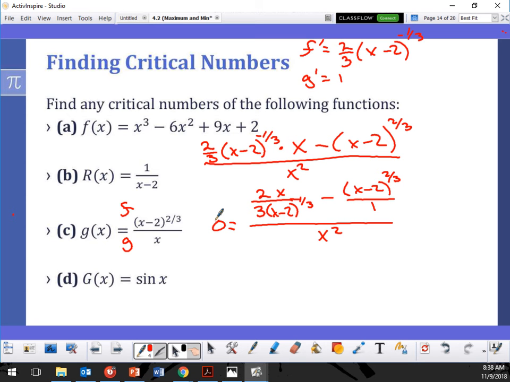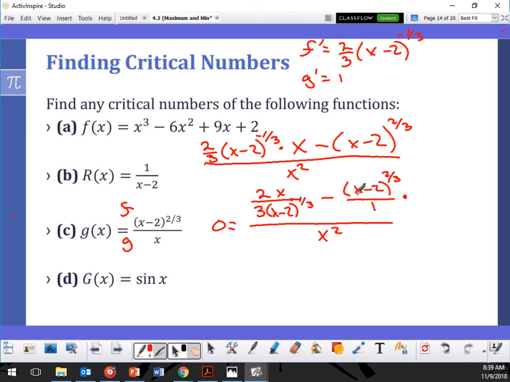So I'm going to multiply this side right here, top and bottom, by 3 quantity x minus 2 to the 1/3. But when I do that, what's going to happen here? It's the same thing, x minus 2, x minus 2. What's going to happen with that 1/3 and the 2/3?